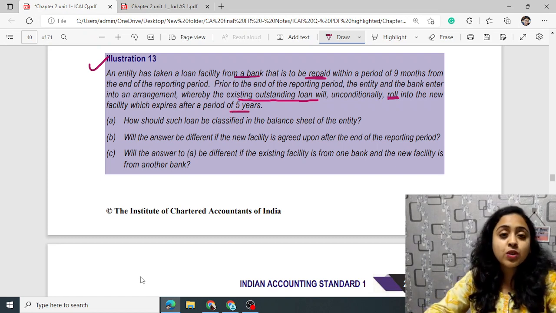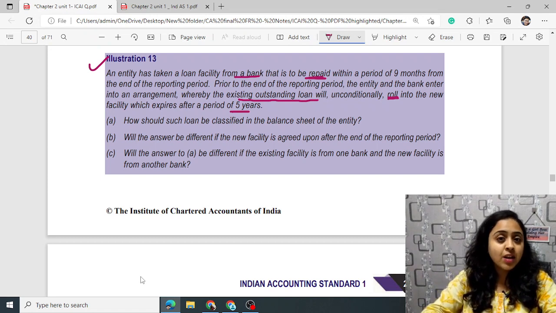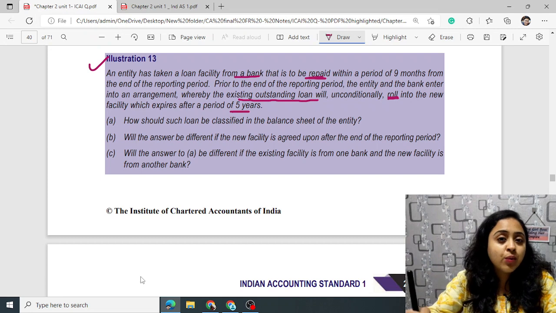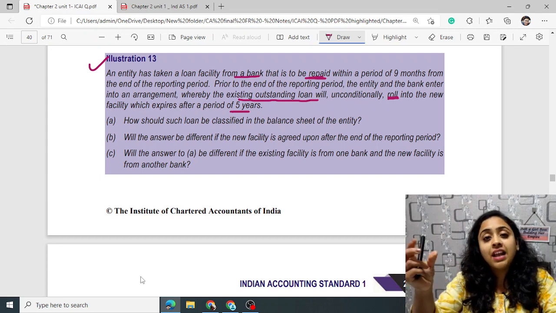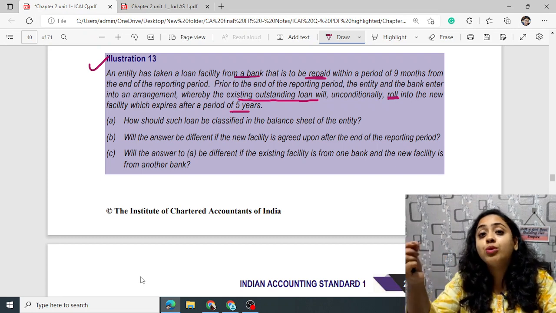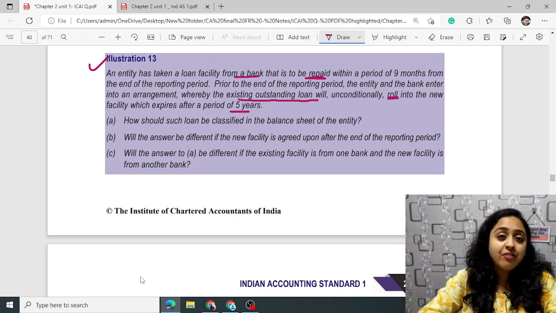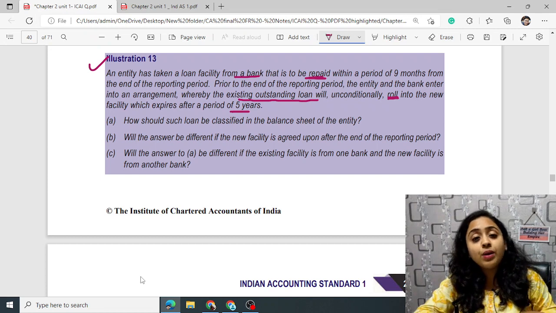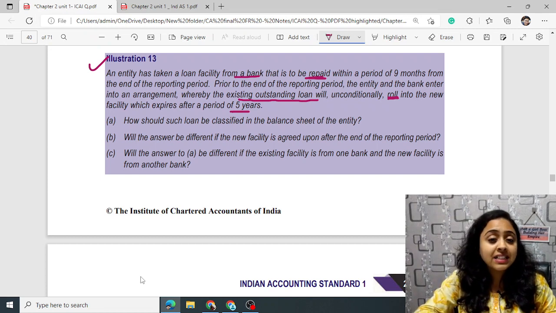Now, which was payable within the next 9 months, this should be recorded as current, but there is a new agreement which says that the company does not have to pay anything and it will be carried forward into another loan which has a term of 5 more years. Now, is it payable after 12 months? Then the same thing will be classified as non-current because at this point in time, immediately nothing is payable.